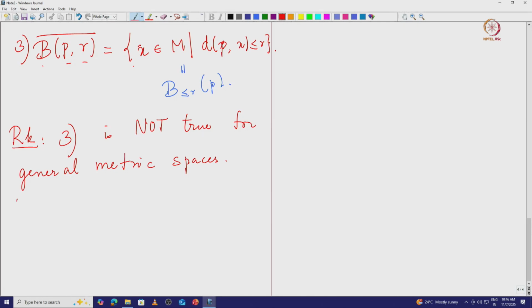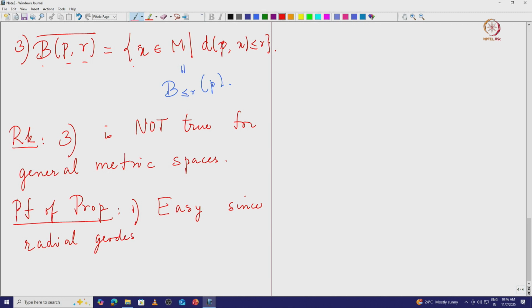Right, so let's prove it. Proof of the proposition. Part 1 is easy, since radial geodesics are minimizing. I'll leave it as an exercise for you to write down the details of the proof.